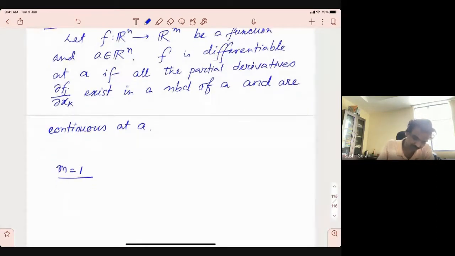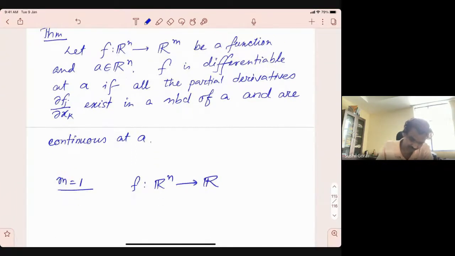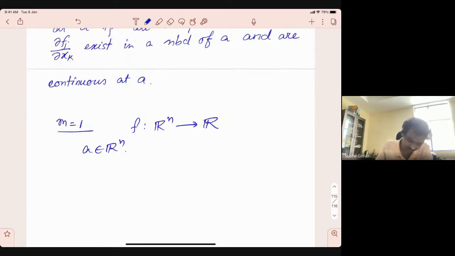If m equals 1, f is a function from Rn to R, and a is in Rn. Now the point is, we don't know if f is differentiable or not. Our assumption is that the derivative del f by del xj exists in a neighborhood of a for all j.